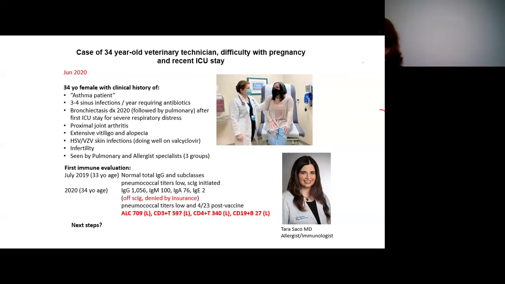Yes, so the question is whether the naive T-cell ratio changes with age. And that's true, an infant should have a naive T-cell compartment of 95%, and an adult probably should have around 40%. So there is a natural decline of naive T cells because the thymus is getting less and less active and there's involution of the thymus.